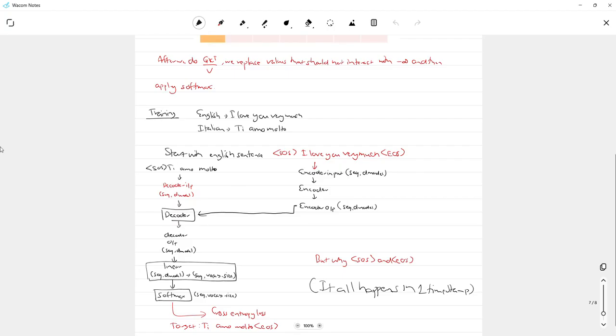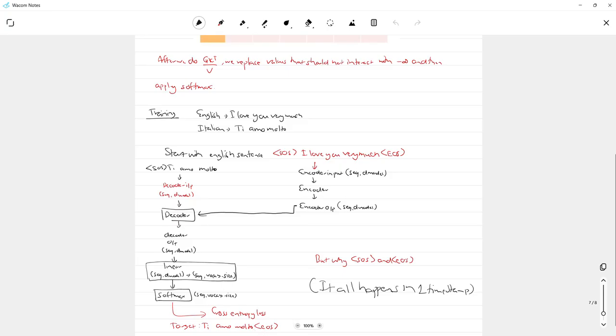The sentence is given the output embedding as well as the positional encoding before entering the decoder here. And then we also have the correct sequence the model's prediction will be compared against, which is ti amo molto.